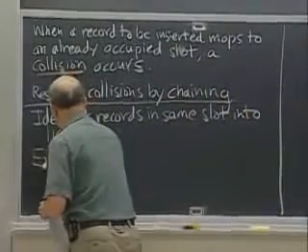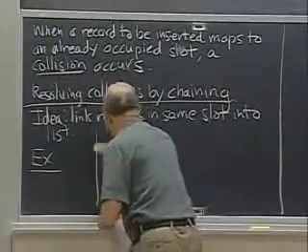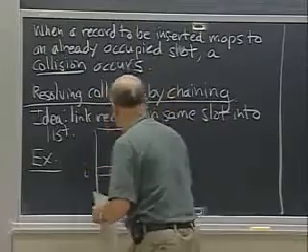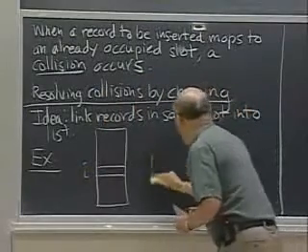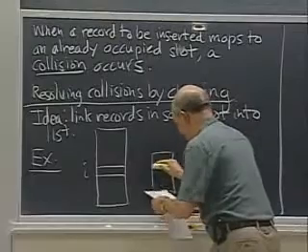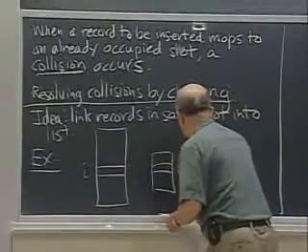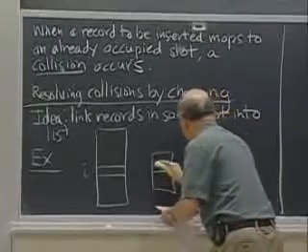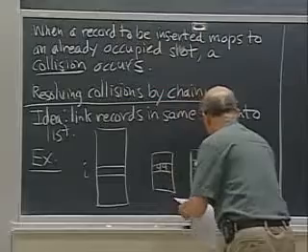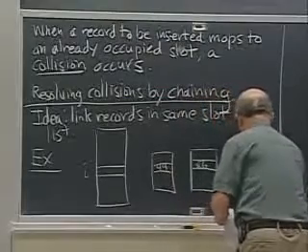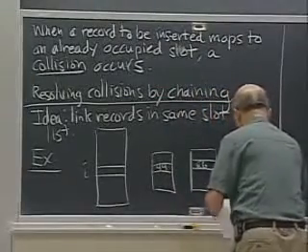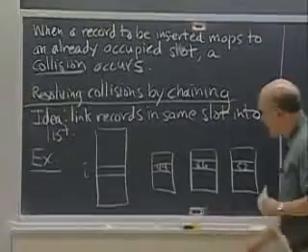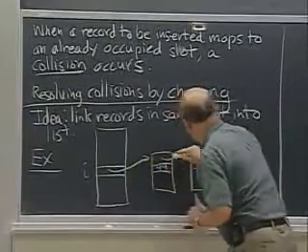So for example, imagine this is my hash table, and this, for example, is slot i. I have several things that may have been inserted into this table that are elements of S. And what I'll do is just link them together.